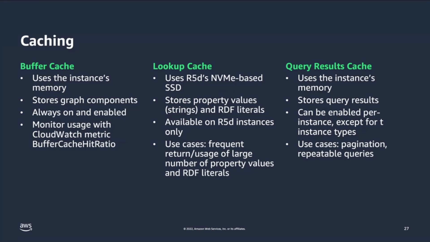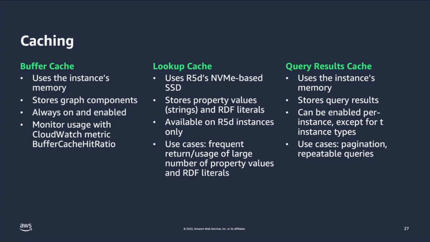One thing I would recommend is to monitor the CloudWatch metric called buffer cache hit ratio, and you really want to make sure that's up in the high 90%. You can figure that out by monitoring that metric inside CloudWatch. The second type of cache we have is an optional lookup cache.